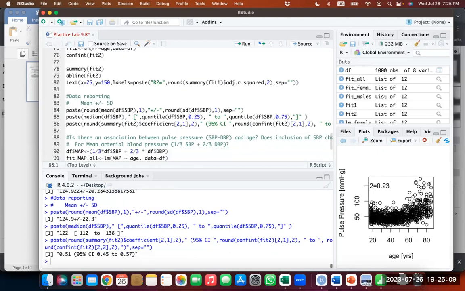Lastly, now we're looking at the estimate of age from the linear model. So you get an estimate of your coefficient, that's a slope coefficient, beta 1. You get a 95% confidence interval, which is expressed here in quotation marks.